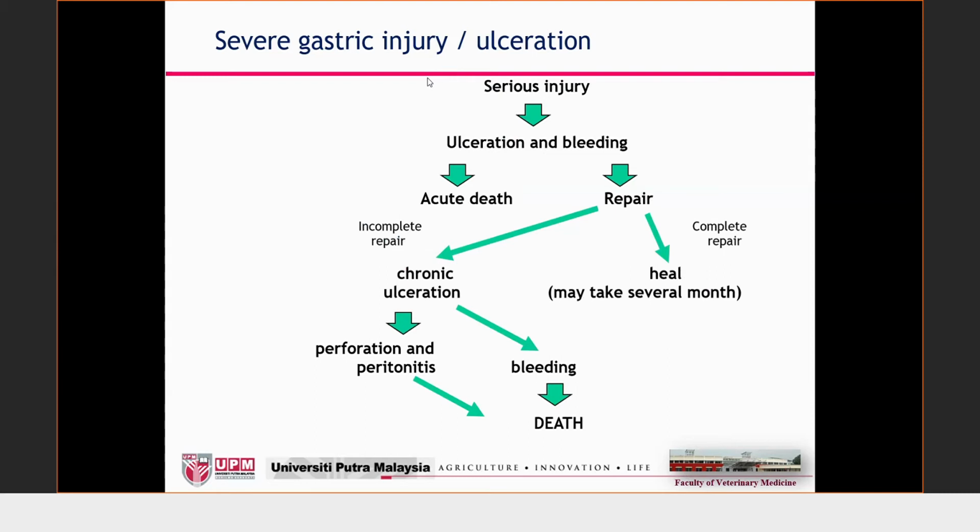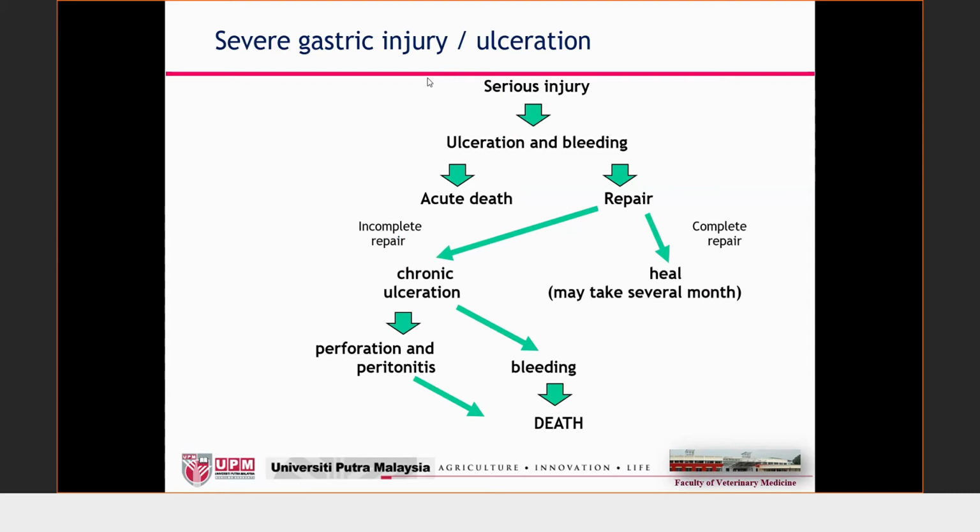So when erosion leads to severe injury and ulceration, the ulceration will hit a blood vessel and there will be bleeding. There are two possibilities. One, there might be a repair, and if the repair is complete, it may take several months, and the area will be replaced by fibrous tissue.